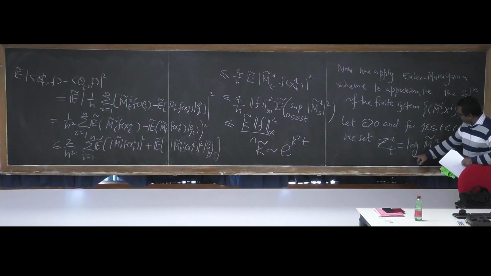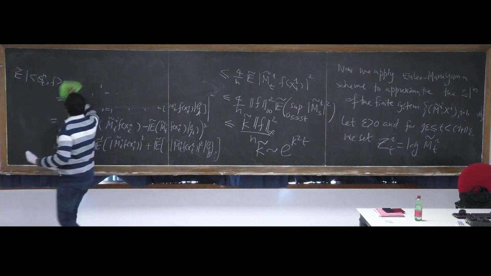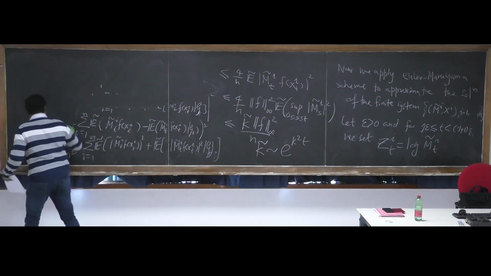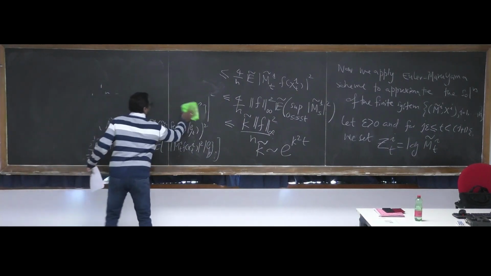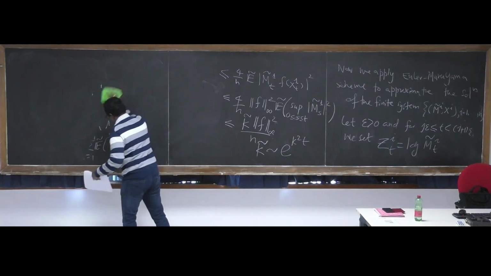So we denote the logarithm of our exponential martingale m tilde it as z it, and then you can introduce the discretized version of the finite interacting particle system as follows.